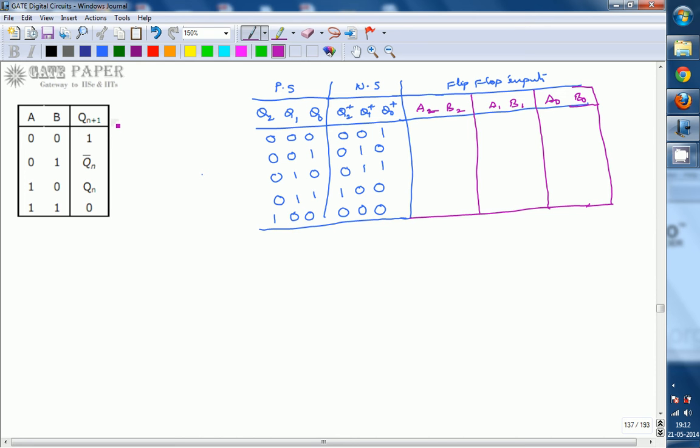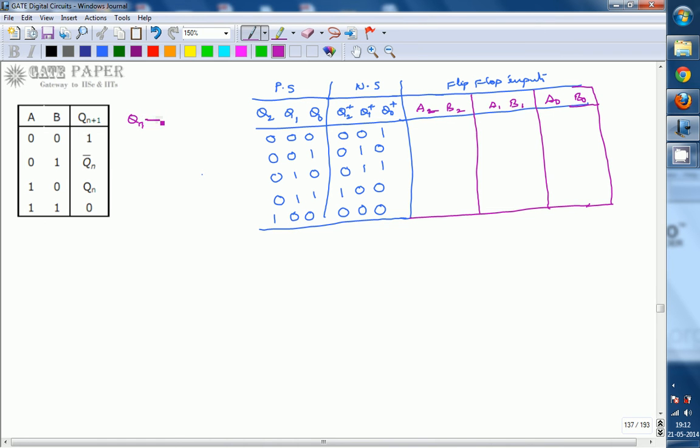You know the present state and you want to go to your own desired next state. What input combination should give that transition? That is the excitation table.